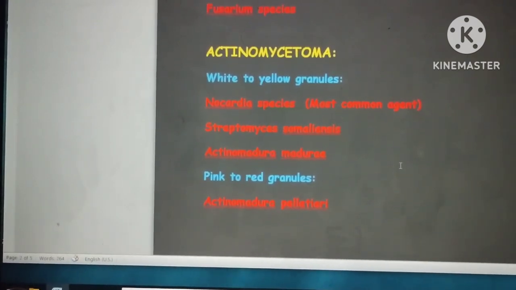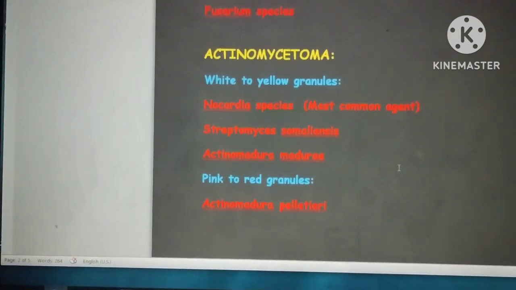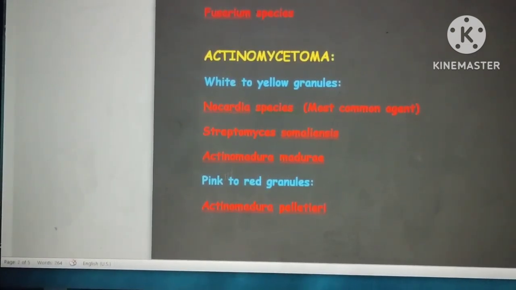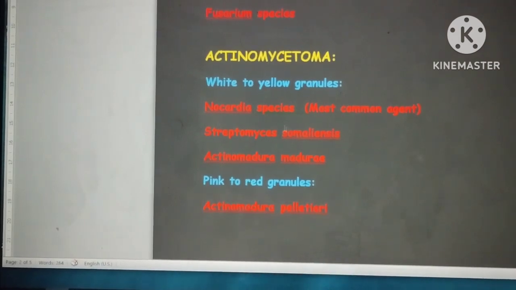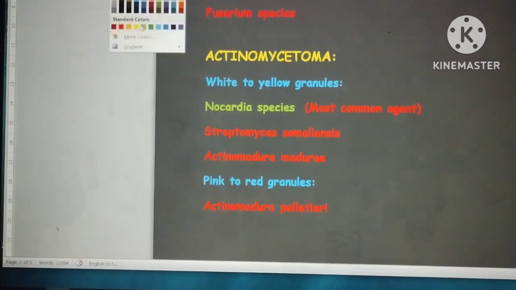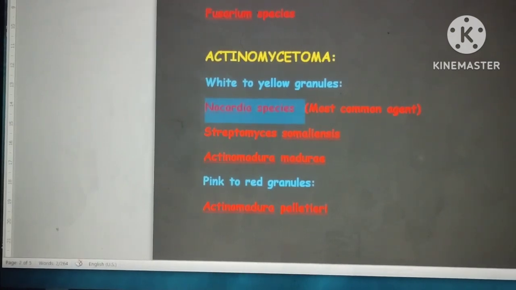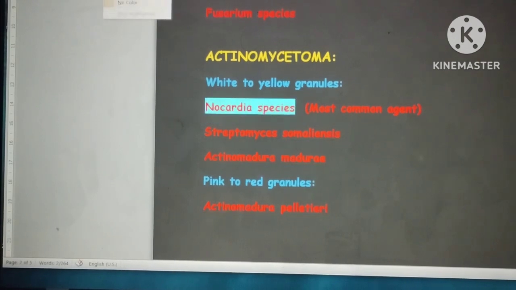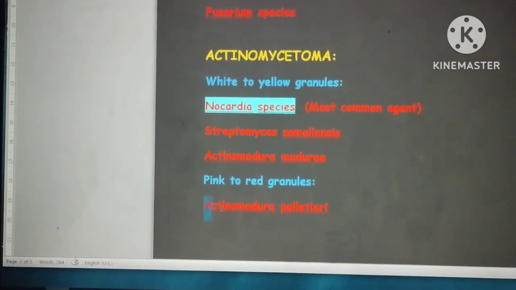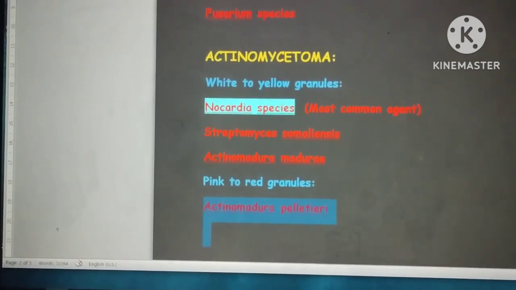I'm sure they won't ask that much detail. Just remember this alone. Pink to red is produced by Actinomadura pelletieri, and white to yellow, most commonly, is Nocardia. Just remember these species alone. That is more than enough.